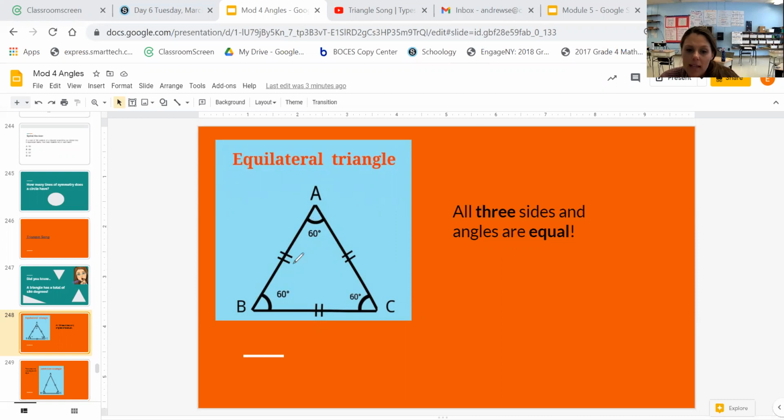These symbols right here show us that this, this, and this, with two slashes each, called tick marks, are congruent, equal. So an equilateral triangle has three equal sides and three equal angles. And because there's 180 degrees, each angle is 60 degrees.